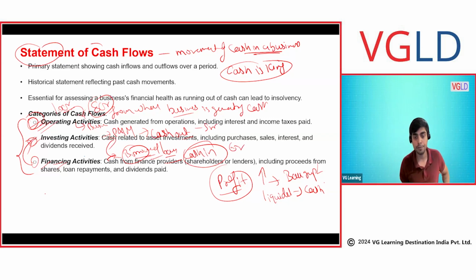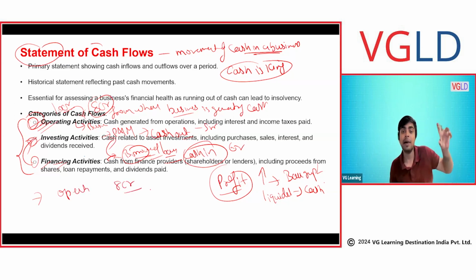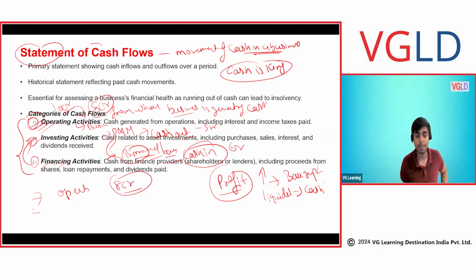So if I show you from my business, I generated 8 crore cash. What is my business? Basically my trading business. In investing, basically I buy things. I have spent 5 crore. And in financing activity, I have borrowed money to buy this.